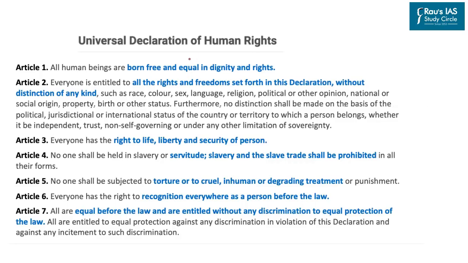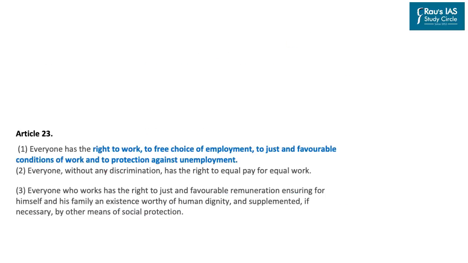Some of the important aspects of the preamble such as freedom, equality, liberty can be found in the initial articles of UDHR. Whereas Article 23 mentions the right to work, free choice of employment, just and favorable conditions of work, and protection against unemployment.